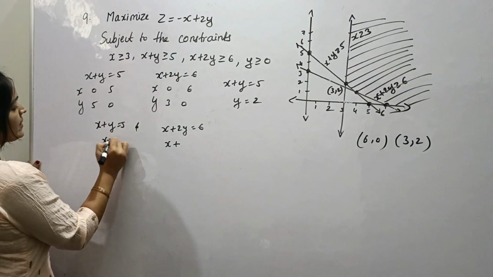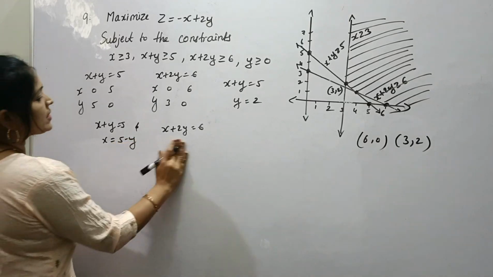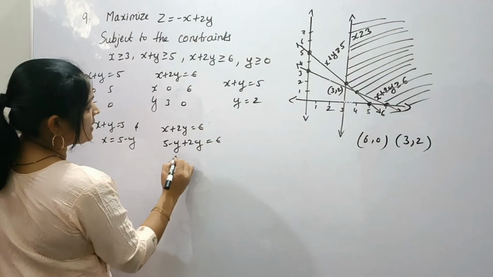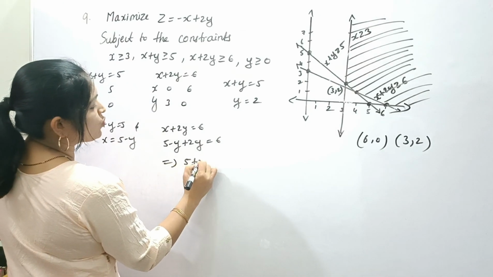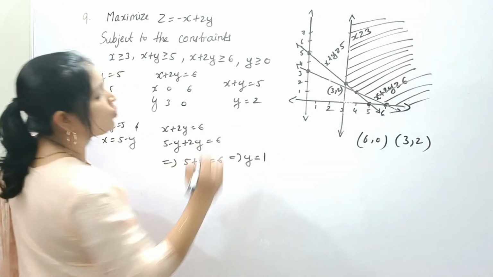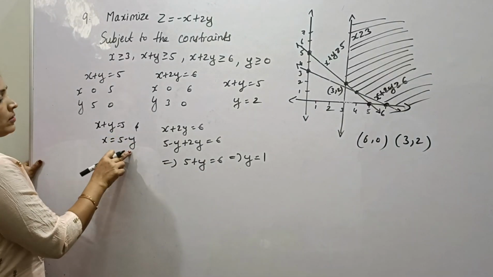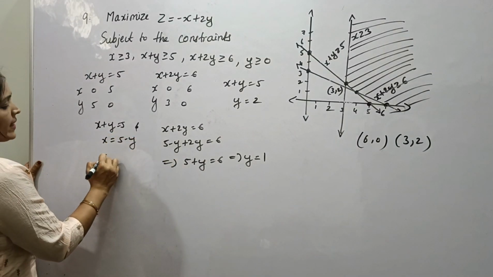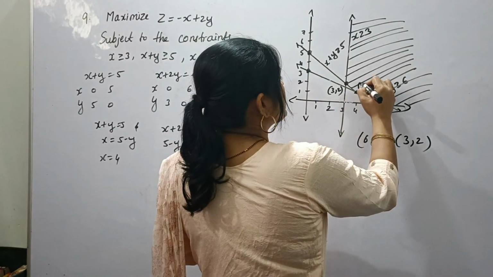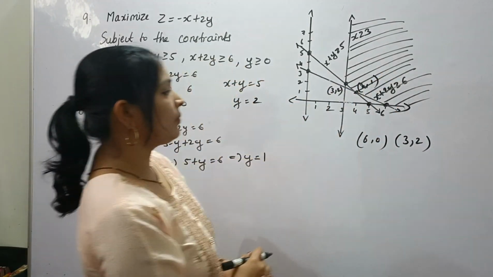Let's find x, okay. x is equal to 5 minus y, substitute 5 minus y plus 2y is equal to 6. That implies 5 plus y is equal to 6. That implies y is equal to 6 minus 5, 1. Okay. So what is x? When y is equal to 1, x is equal to 4. So here 4, 1. This point is 4, 1.